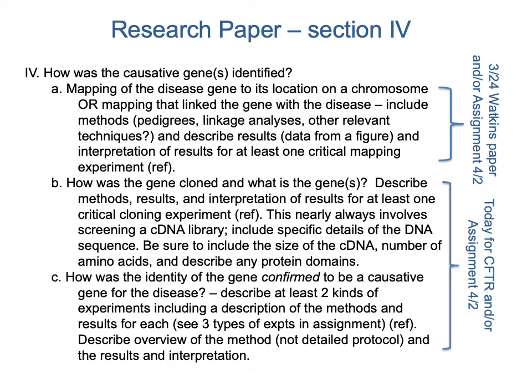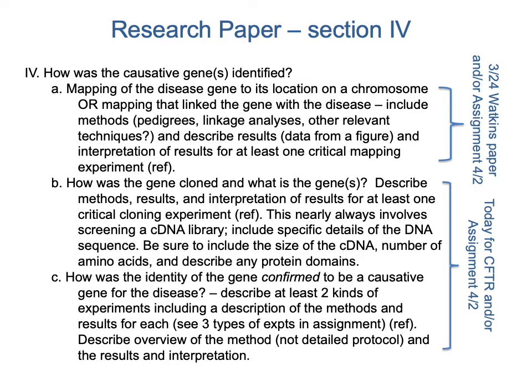So you'll want to include specific methods. This might be pedigrees and linkage analysis like we see in the Watkins paper, or it could be other relevant techniques. And then after describing the method, you'll want to describe the results. And remember, that's the actual data shown in a figure. And lastly, you'll interpret those results, as the authors did, for at least one of these experiments.